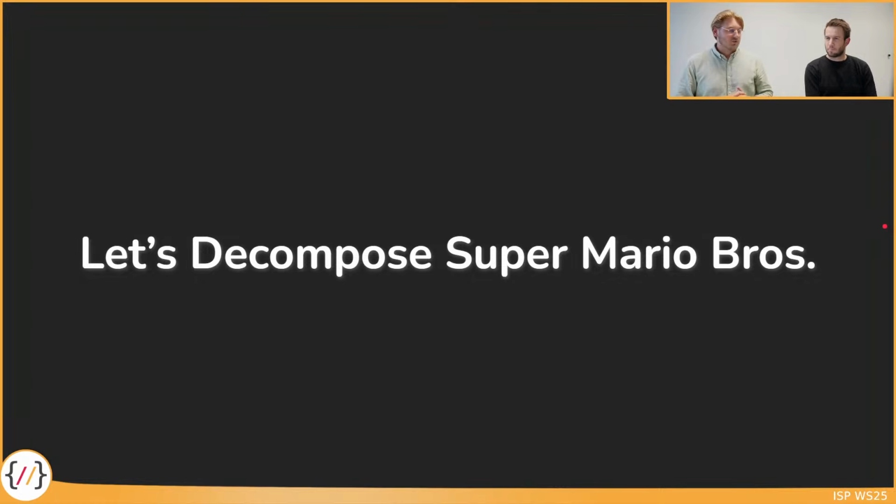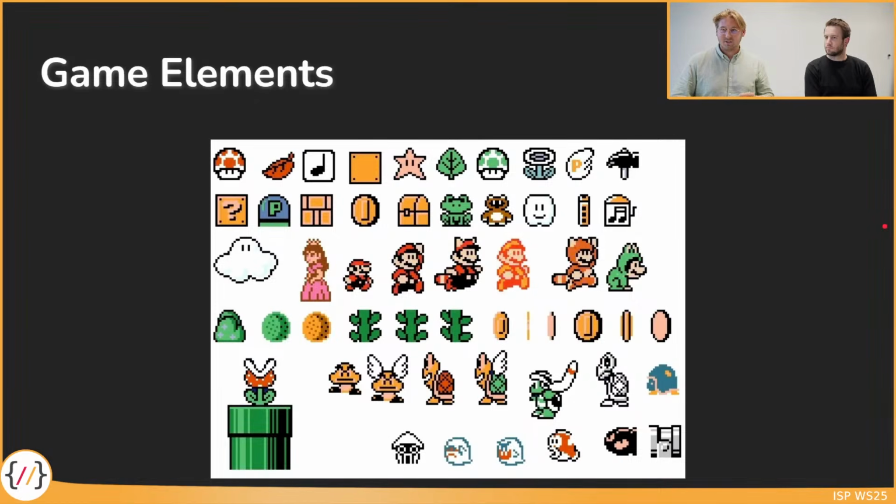Now we want to find things in Super Mario Bros. that we can abstract, so that we know, okay, these are elements that share something they have in common. And now let's take a look at the game elements that we could decompose. So we have a lot of different types of elements.